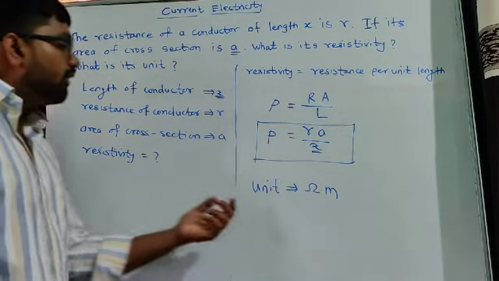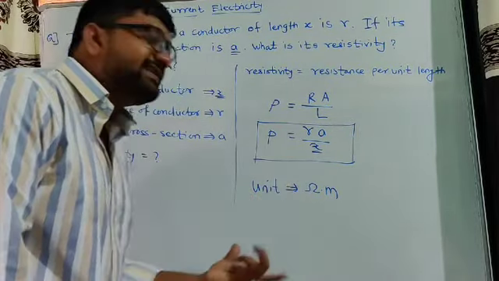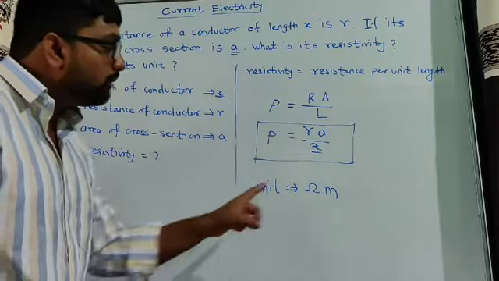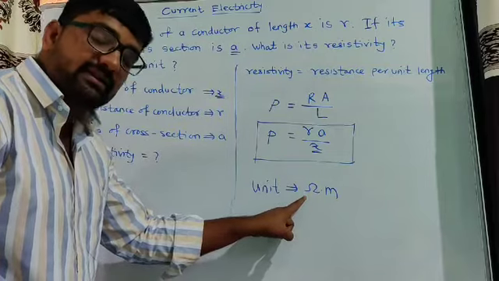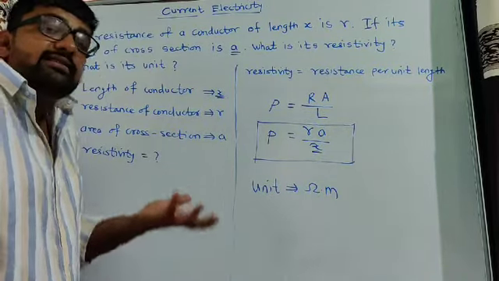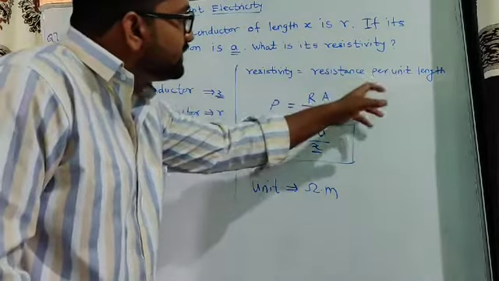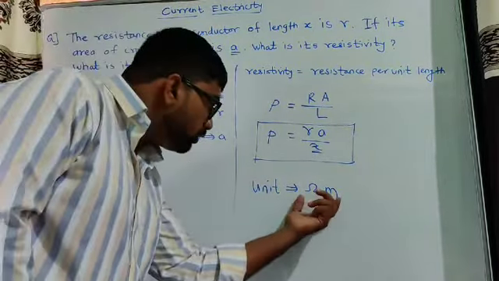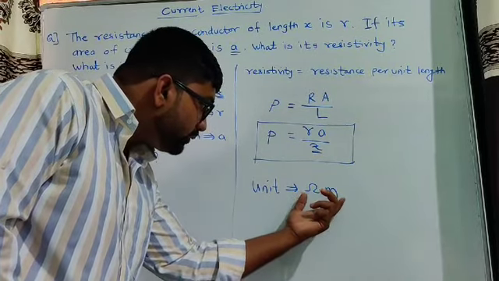Okay, then we know the formula, that is, the unit of this resistivity is ohm meter. Ohm is the resistance unit, and meter is the unit of length, and resistivity is simply what? Resistance per unit length. Okay, so that is why we have to combine these two units.